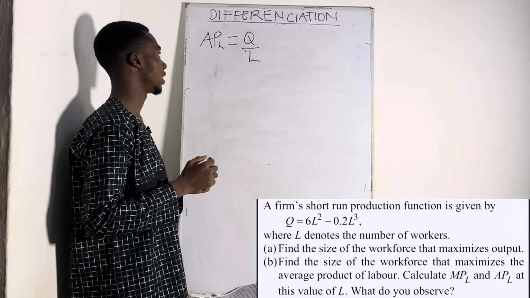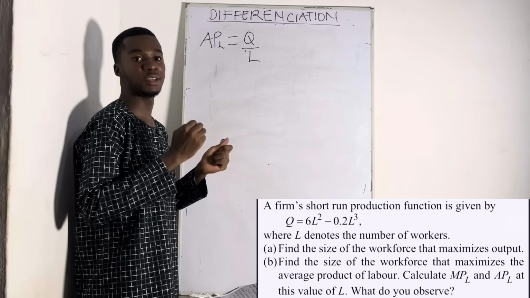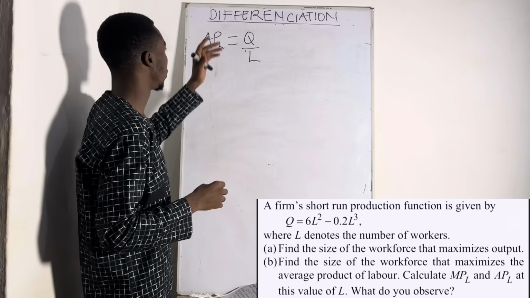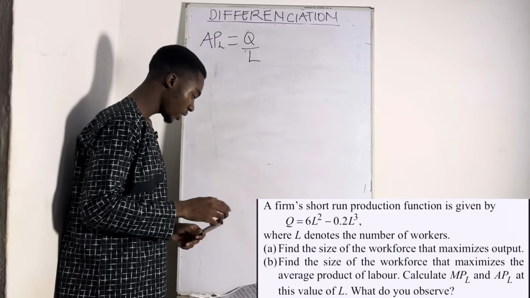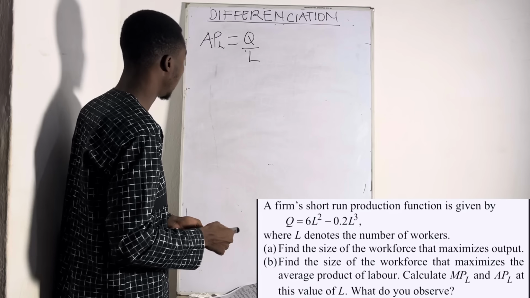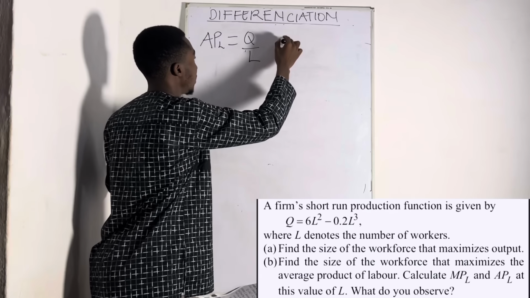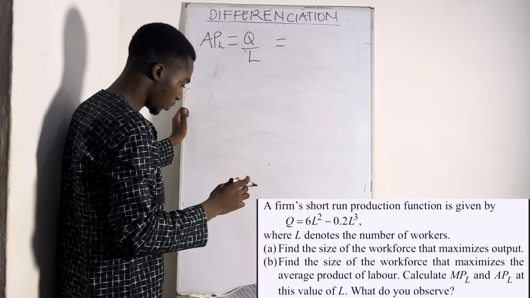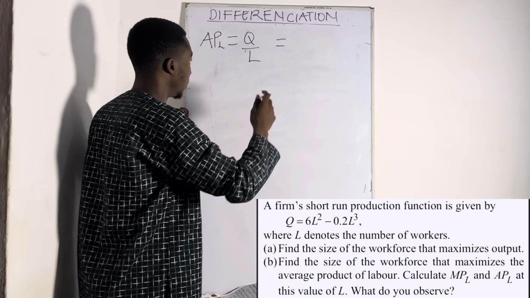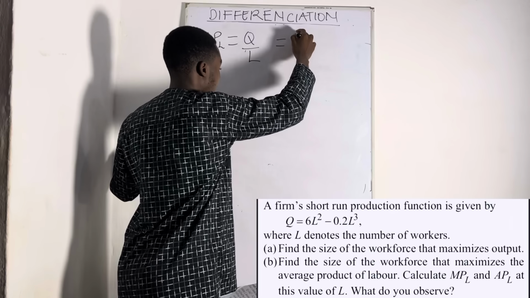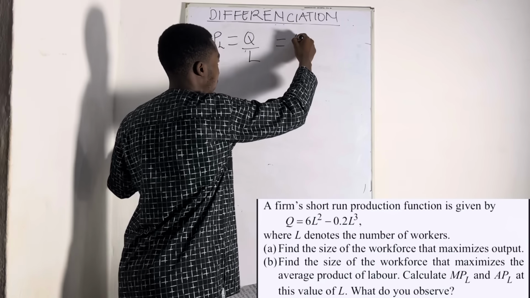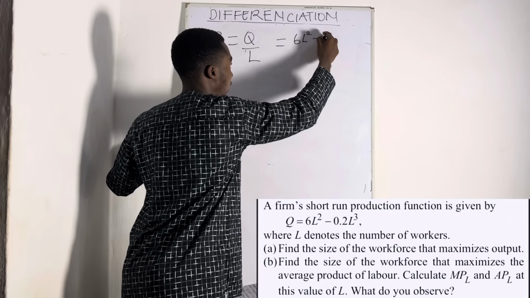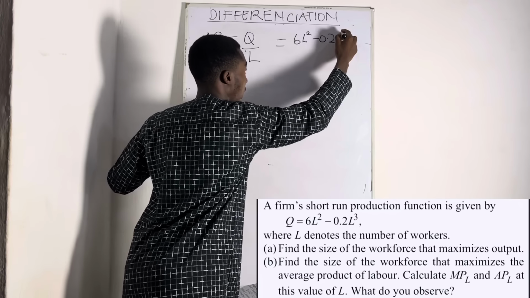So what this means is that what each and every labor is bringing, the average product they are bringing, you get it. So quantity over labor. And the quantity has already been given to us in the question. In the question they said Q is equal to 6L squared minus 0.2 L cubed.